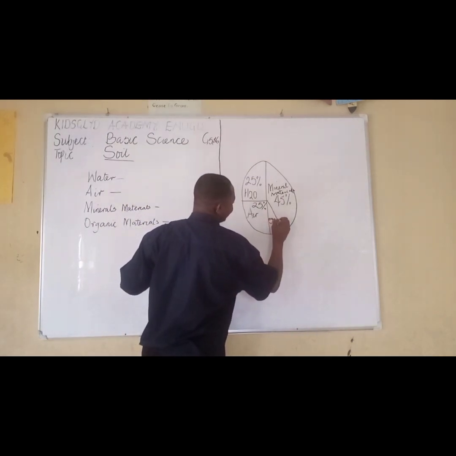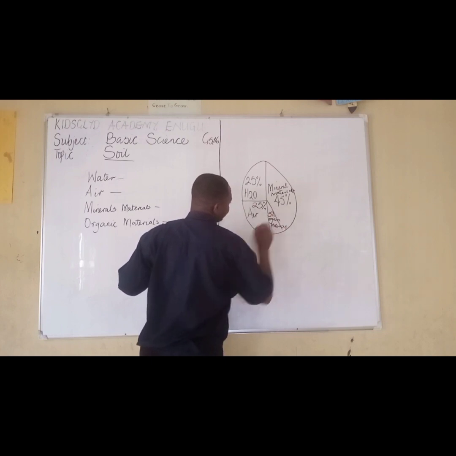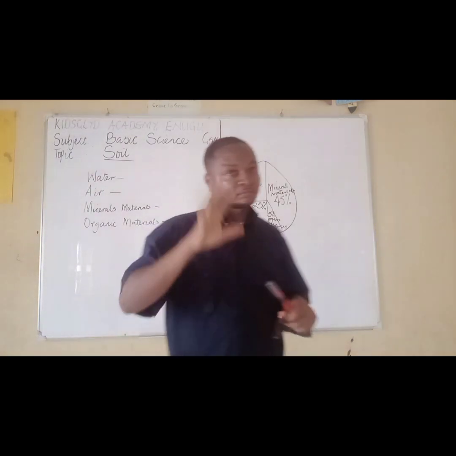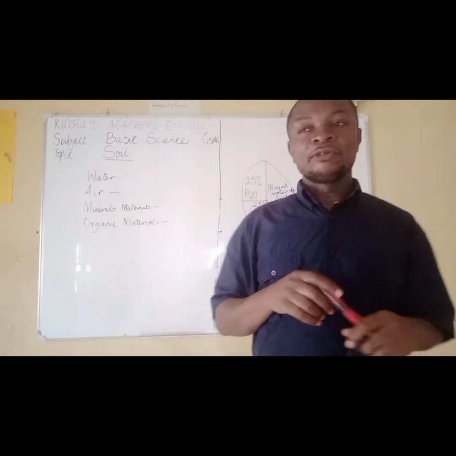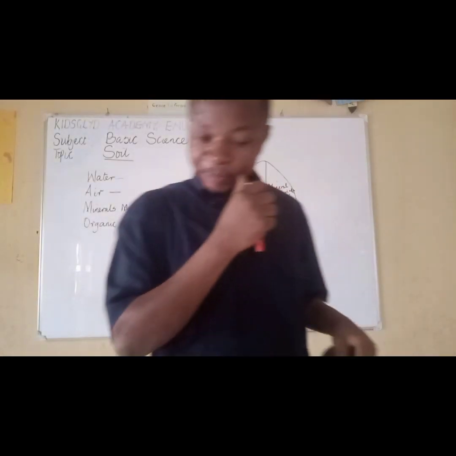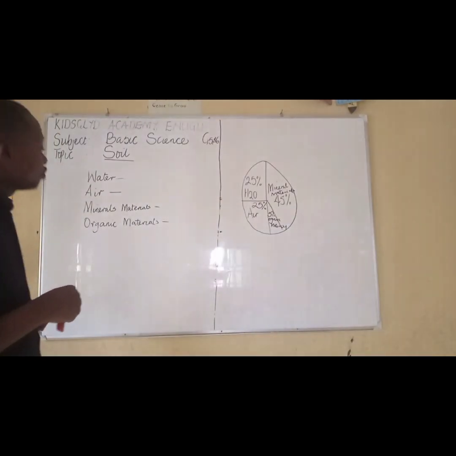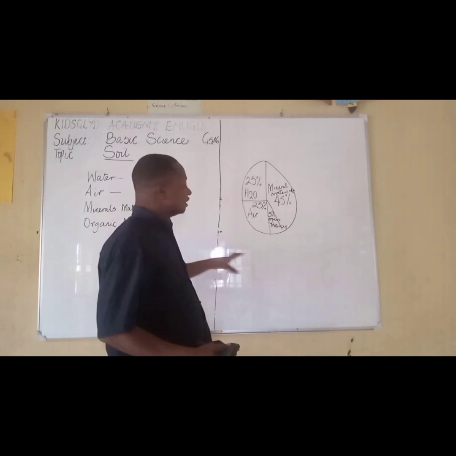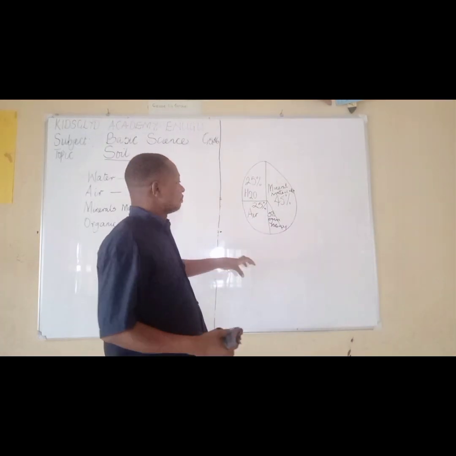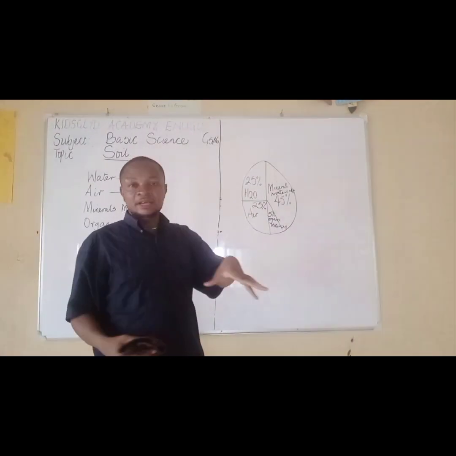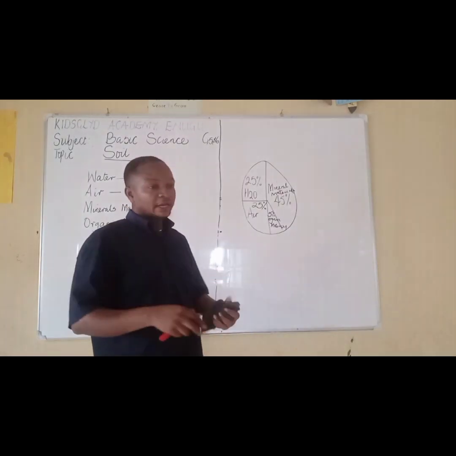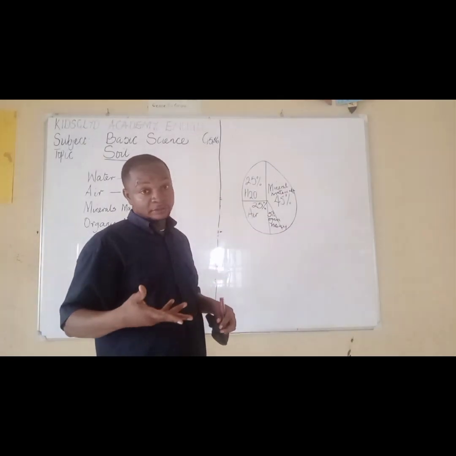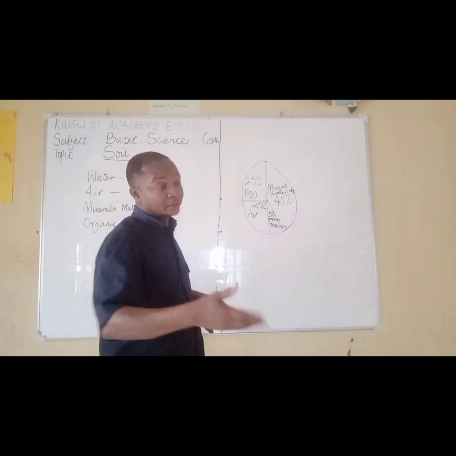Then the organic materials. This one is the least. Organic materials is just 5%. Just 5. Maybe even human beings need only 5% of it. These organic materials, we are talking about the decomposed dead animals, because dead animals equally add to the fertility of the soil.